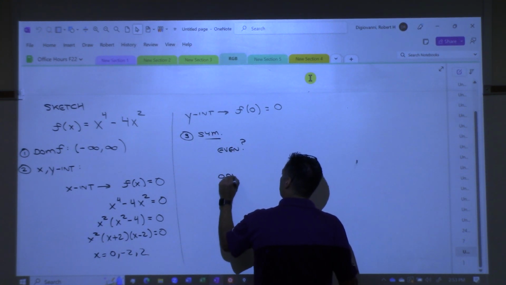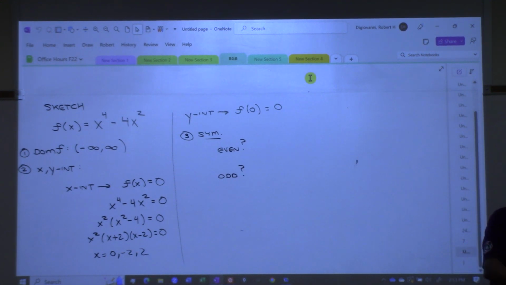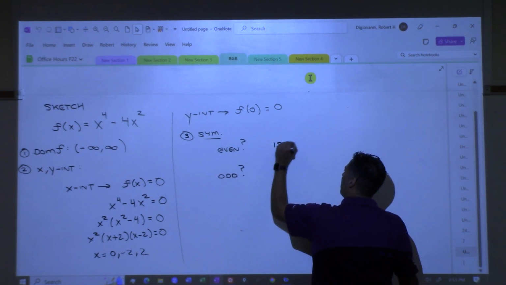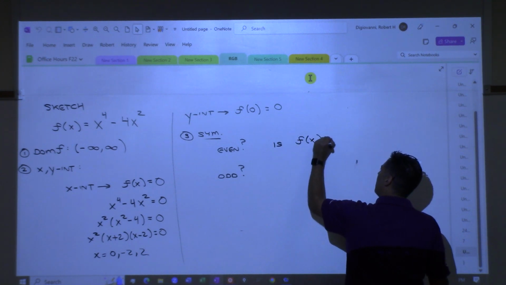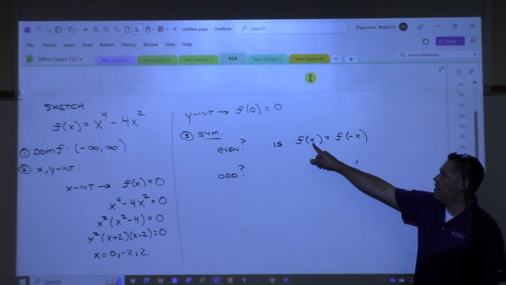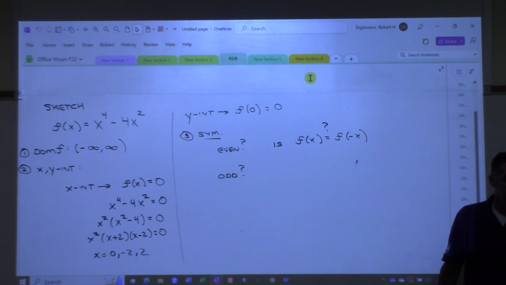Is it an odd function? How do we check for even? To check for an even function, you're asking, is f of x equal to f of negative x? In other words, if I plug a positive number in there, do I get the same thing as plugging a negative number in there? Do you get the same output?